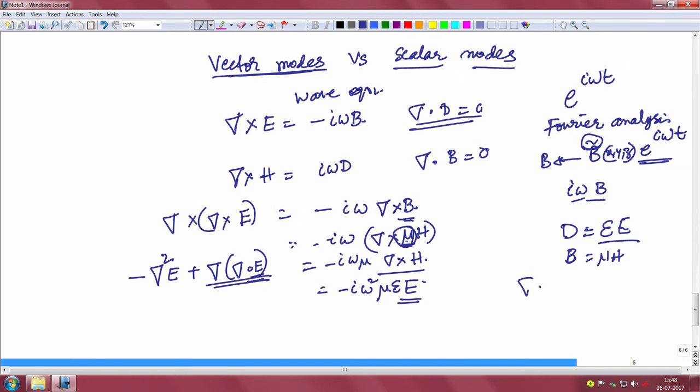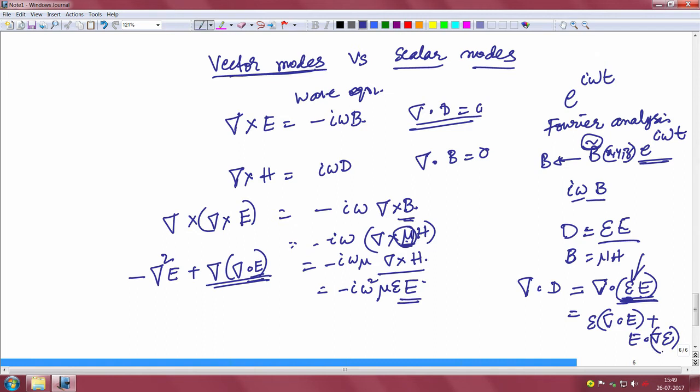For example, I can replace del dot D with del dot epsilon E, and of course, if epsilon is a constant, the medium properties are constant, we can take it out. But as you know, for graded index waveguides and many problems, epsilon is not a constant, so we cannot remove it, and we will use the product rule to replace this expression with del dot E multiplied by epsilon plus E dot del epsilon.